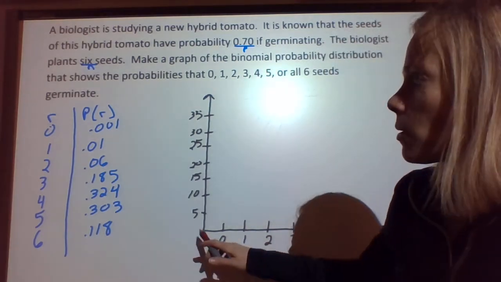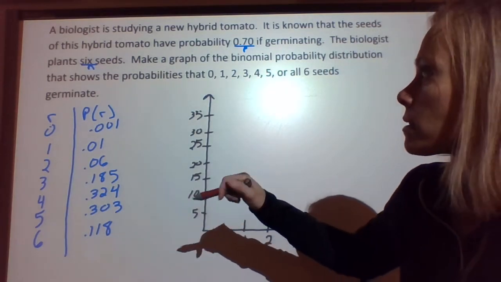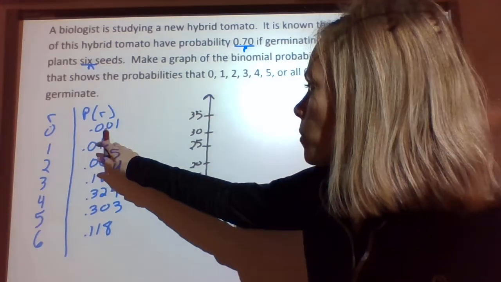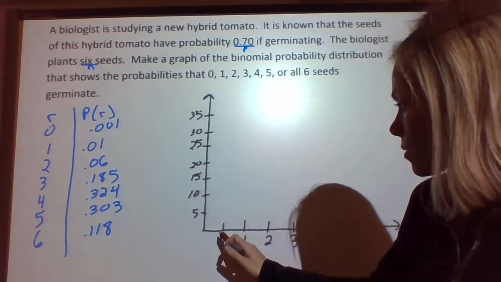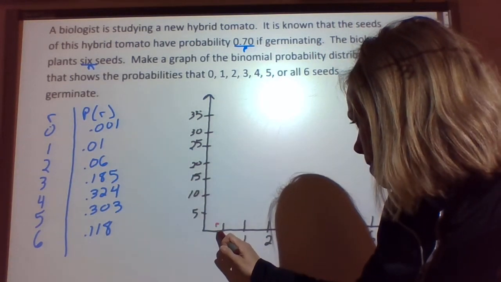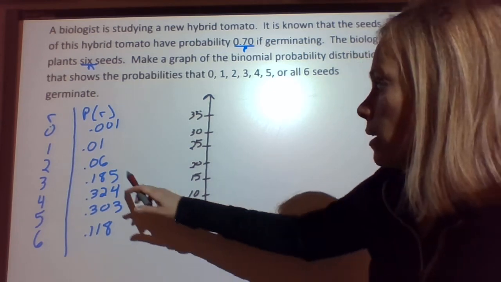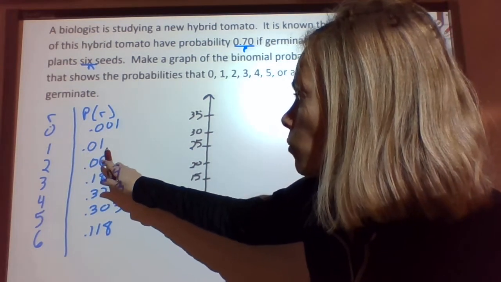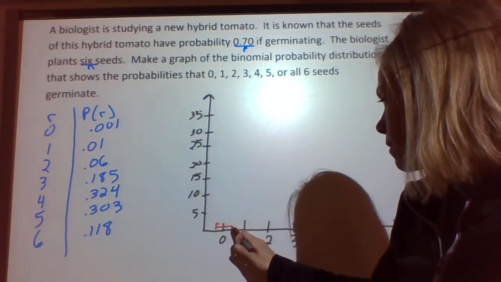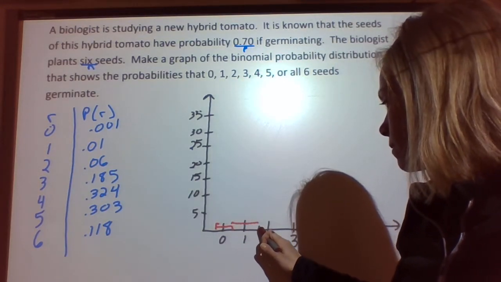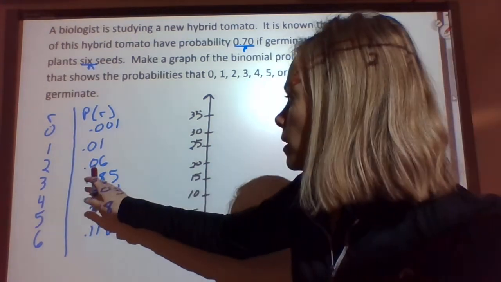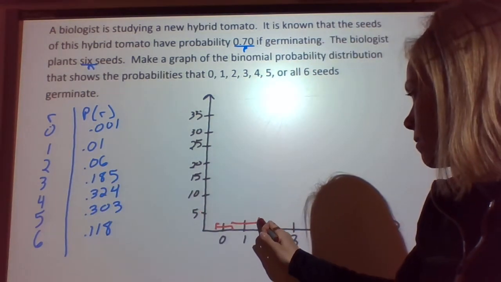So I know 0 out of the 6 seeds is 0.1%, so barely nothing. Oh, my marker's off. Okay, 1 would be 1%. 2 is 6%.